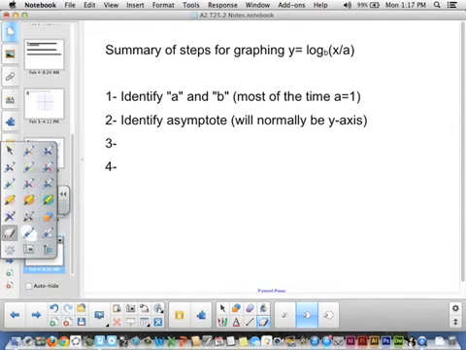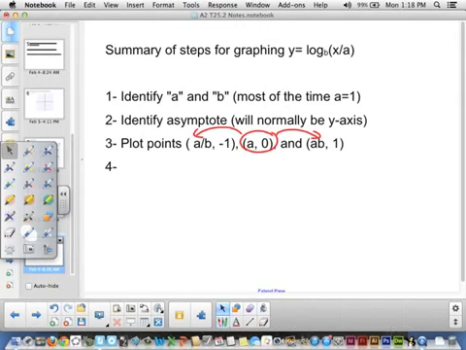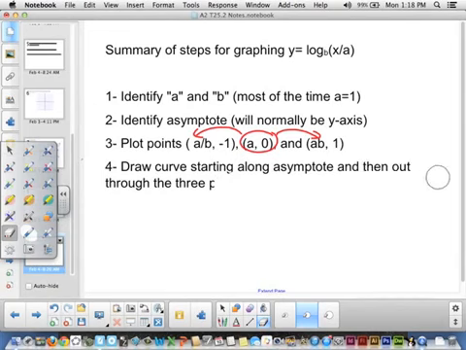The equation for the y-axis is x equals 0. Then we're going to plot the points, starting with our x-intercept, and we're going to multiply to find one value higher and divide to find one value lower. Then we're going to draw a curve starting along the asymptote and then out through the 3 plotted points.